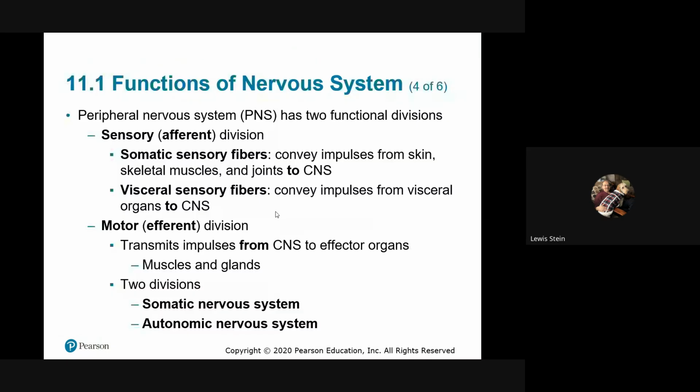So we've seen that diagram before. Sensory or afferent is coming from the body: skin, muscles, joints. Somatic. Visceral means it's coming from organs, and we have a lot less specificity there. Motor is transmitted to muscles and glands. If it's going to organs, we call it autonomic, or automatic if that works for you.